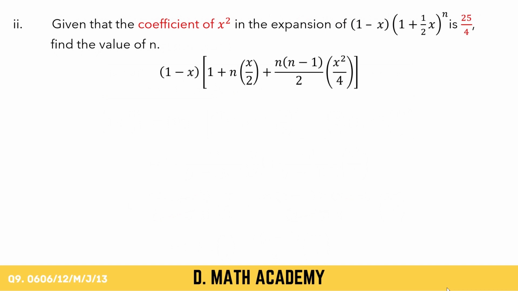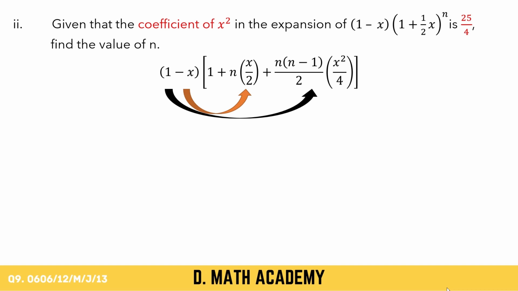So I listed 2 things down, and I'm determining which multiplying together will get me x squared. So I know when my 1 multiplies with n bracket n minus 1 over 2 times x squared over 4, it will result in x squared. And negative x multiplied with n bracket x over 2.